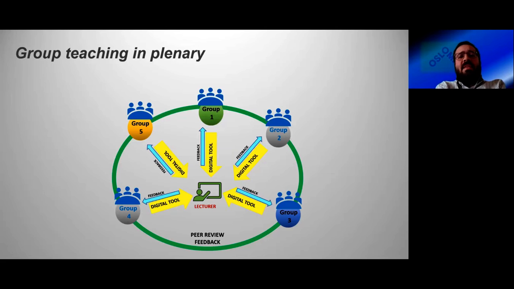Basically, we divided the students, and on average, we had around 70 or 80 students in class. So high attendance compared to the number of students that are enrolled. And we divided these students in groups of 6. Now the picture shows just 5 groups, but in reality we had between 12 and 14 groups of 5 or 6 students each group.